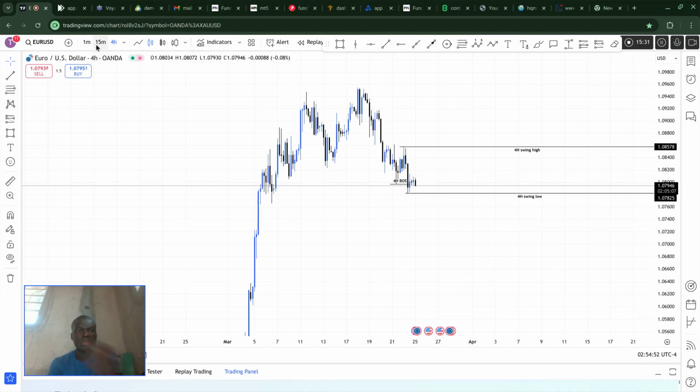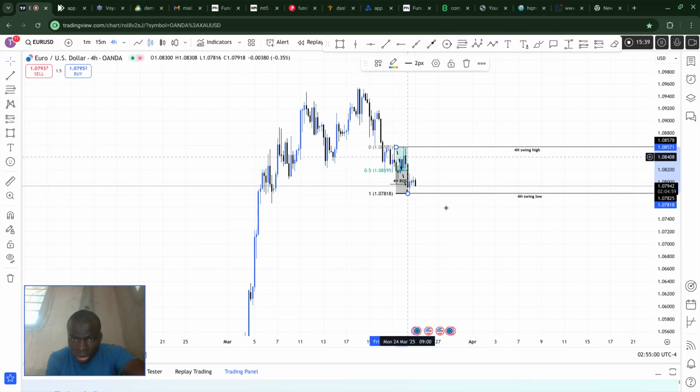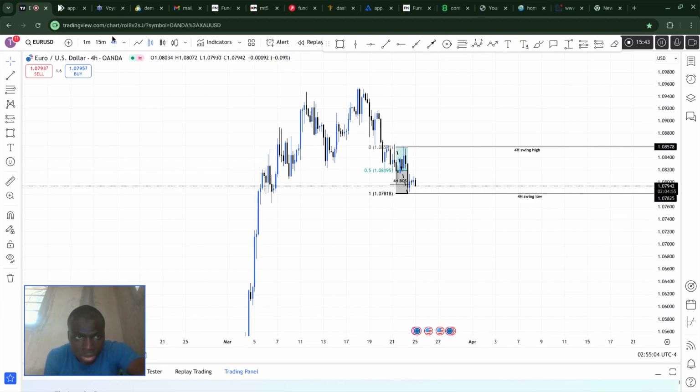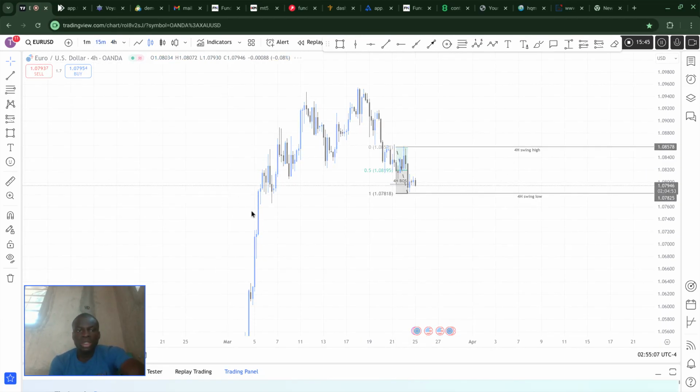So now we look for our measurement. We're going to pull to the 50, or close to 50, and go to 50-minute time frame.